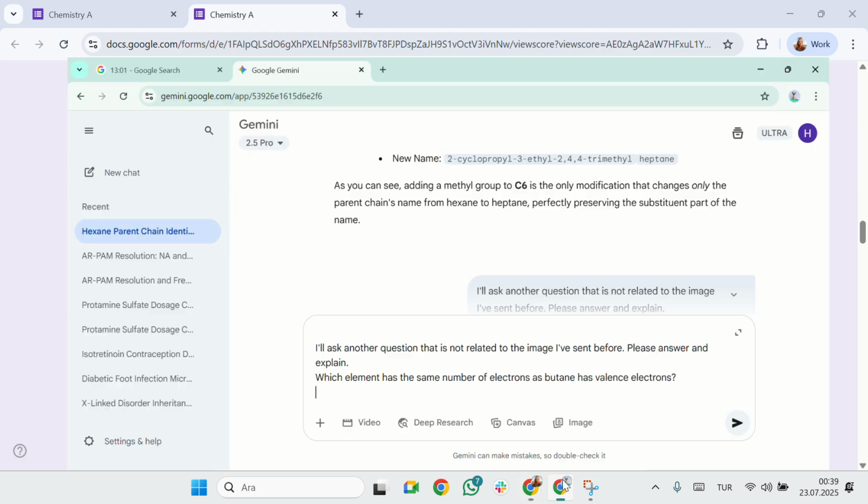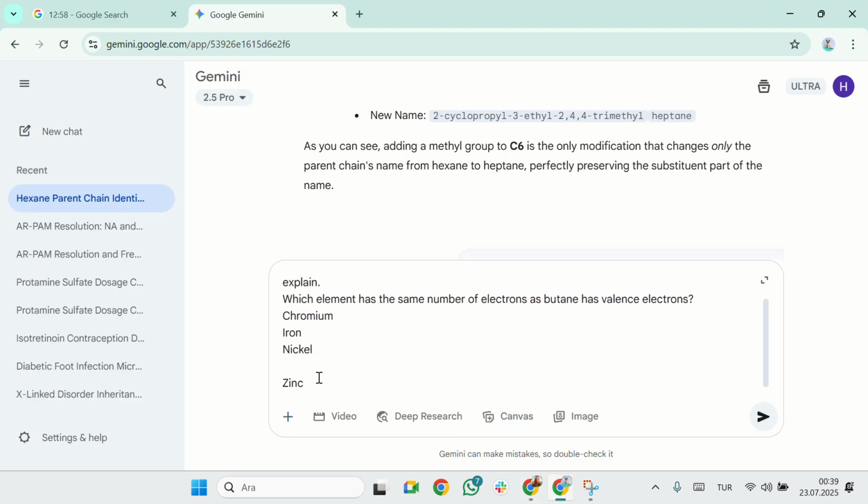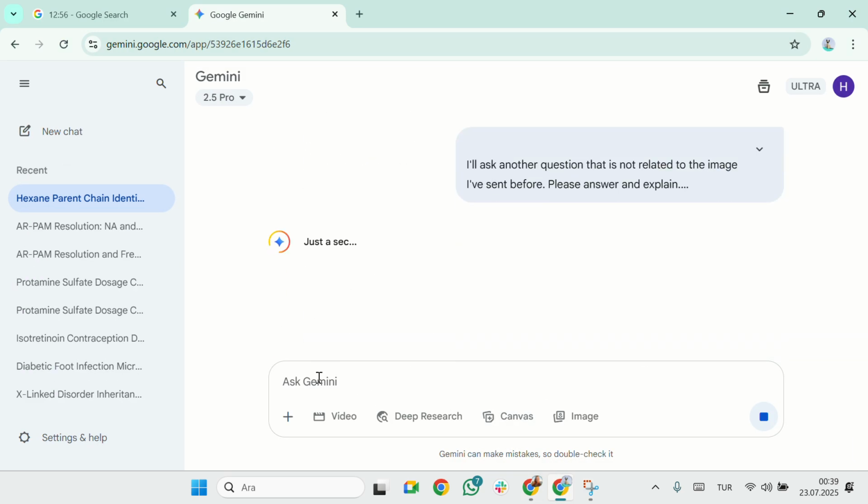Chromium, nickel, zinc. Okay. So the correct answer is iron.